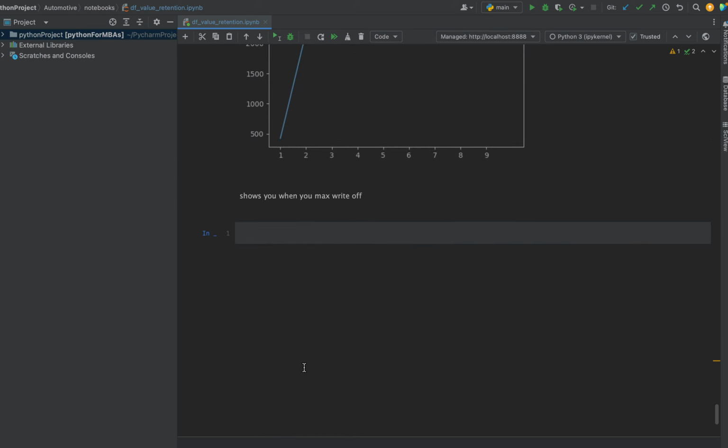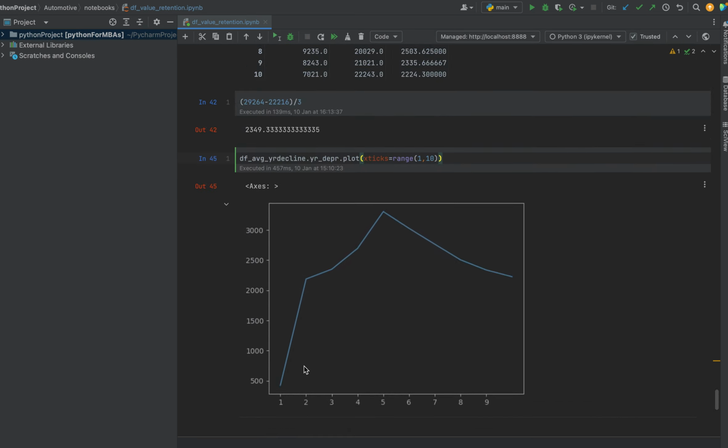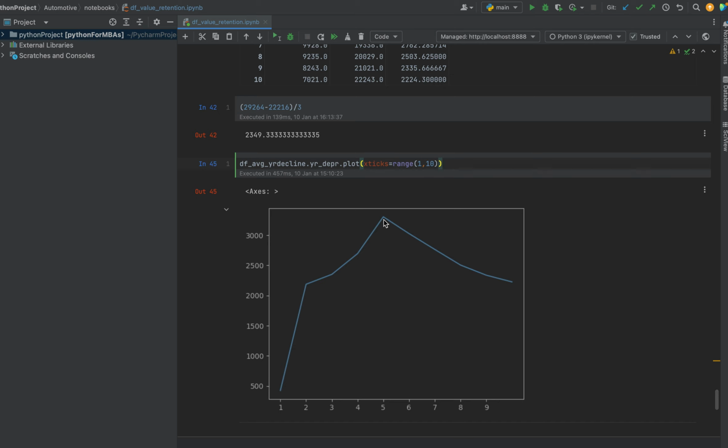Take that for what it's worth. That would seem to suggest that if you have a vehicle that you use for business purposes, then that would depreciate the most year over year. So I guess you could use that as a tax write-off. That's one kind of insight you could come up with. It's not that interesting unless you're an accountant, which I am not.